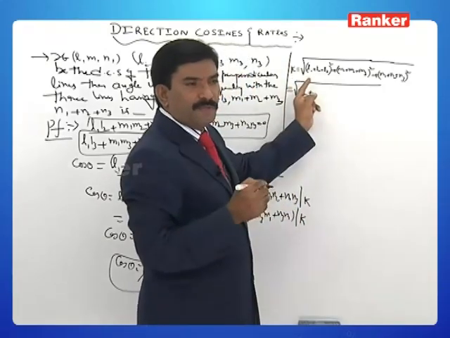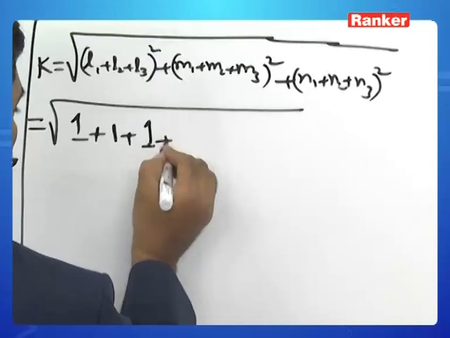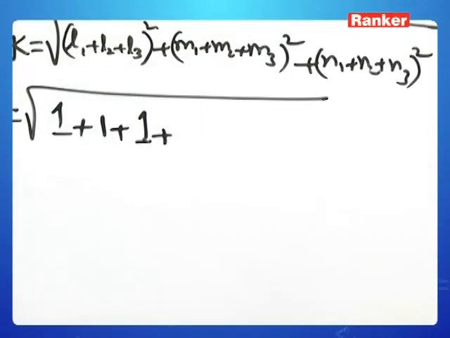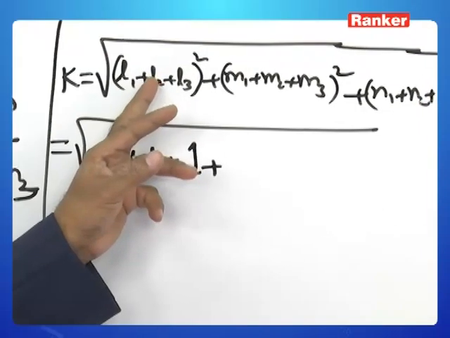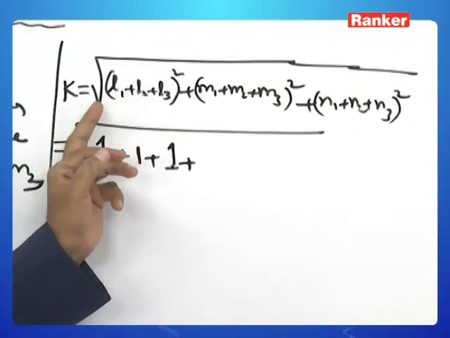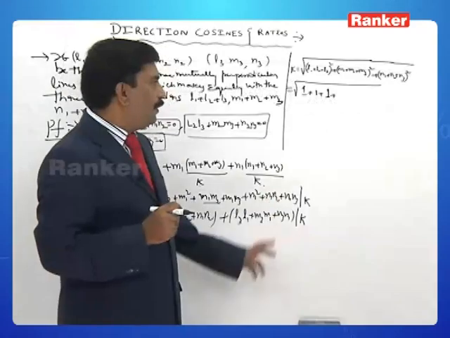Next, L2² + M2² + N2² is equal to 1. So therefore 1. Next, L3² + M3² + N3² is equal to 1. So therefore plus 1.